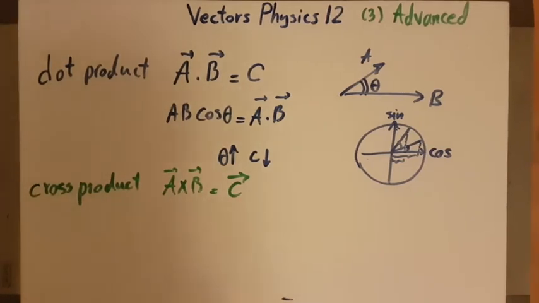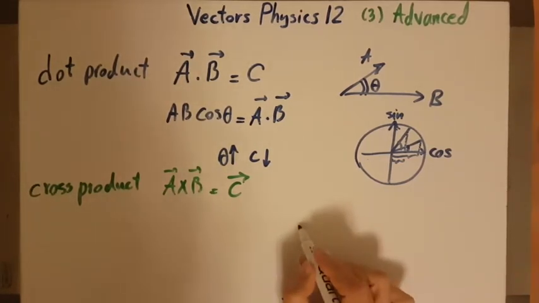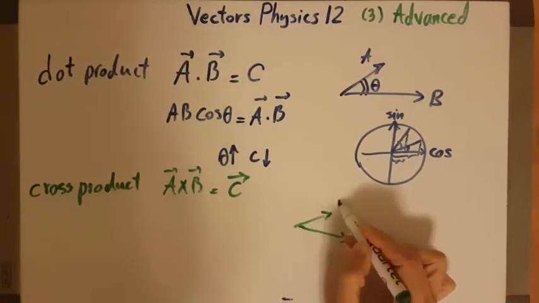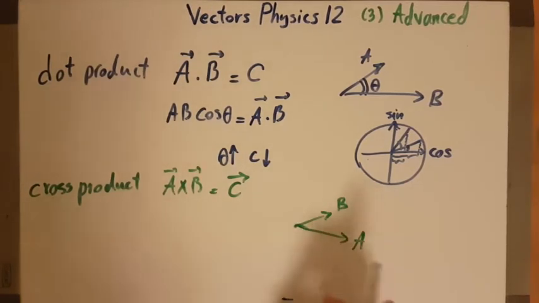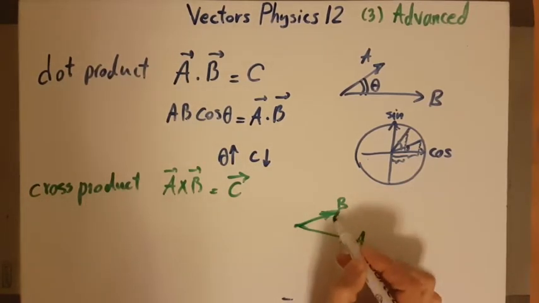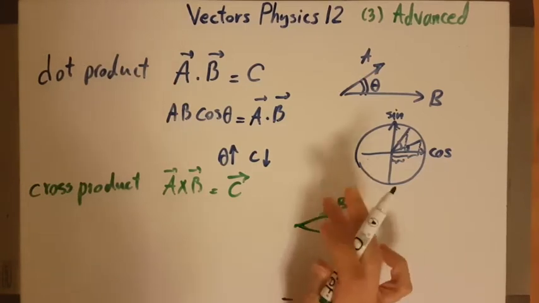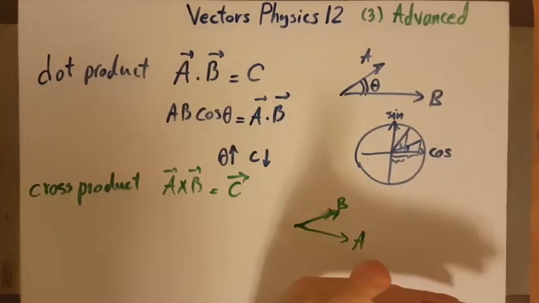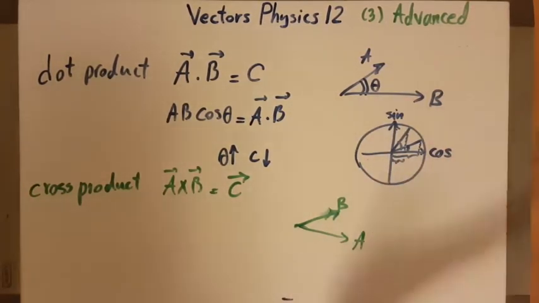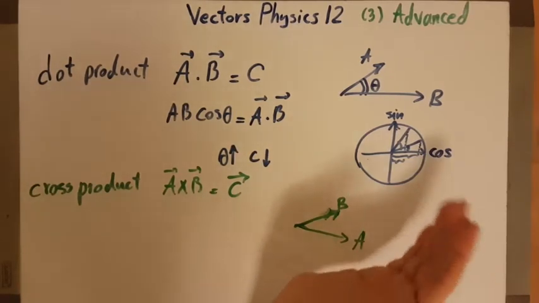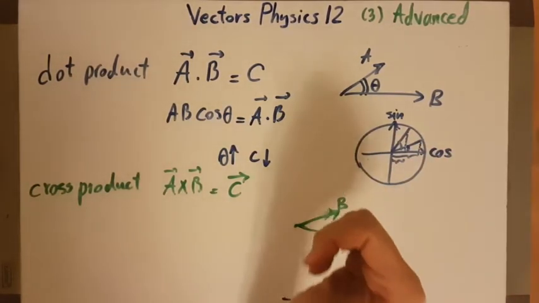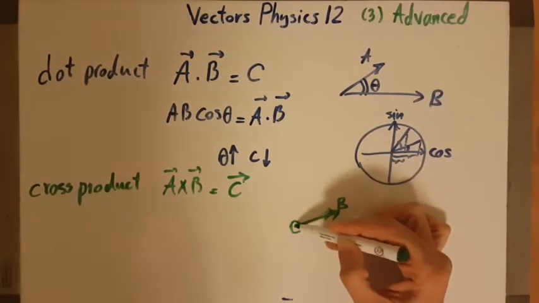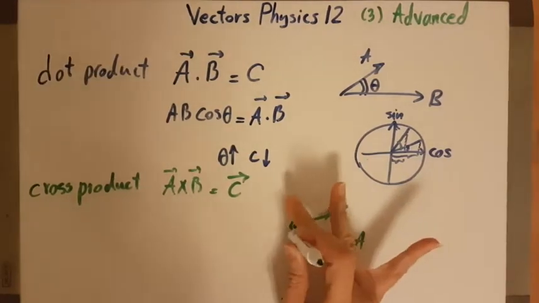If this is A and this is B, take the four fingers of your right hand, remember, the right hand. The forefinger goes from A to B, and this would be C. So C would be coming out of the picture like this.